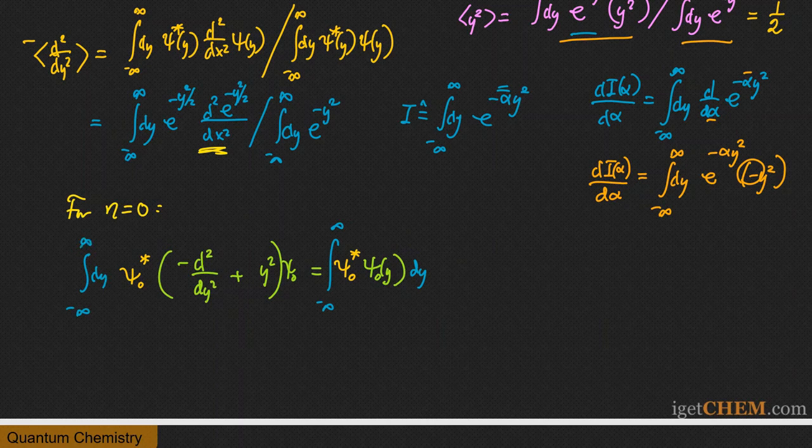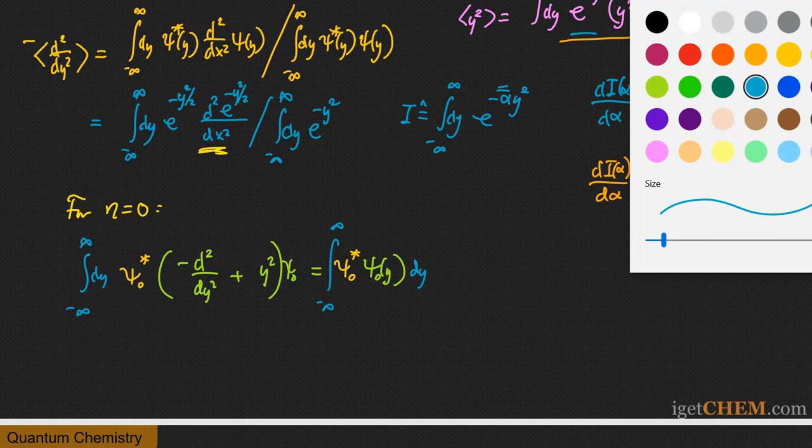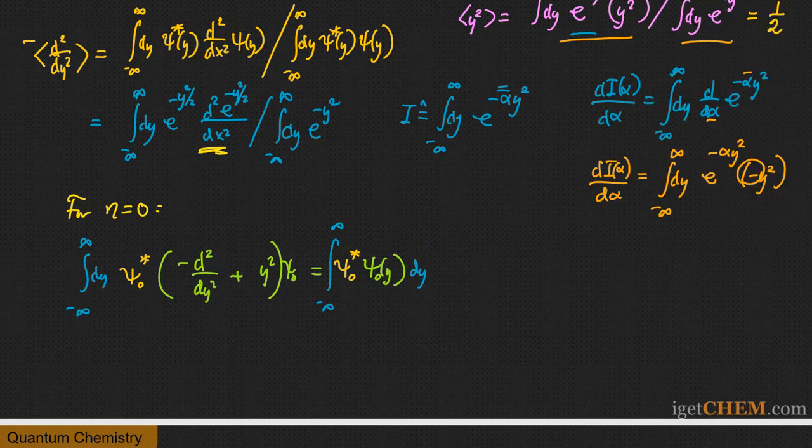So now you can break up the terms, but you can basically see that when I do that, all you're really doing is taking the expectation value of the first term, which is that, and then the second term is the expectation value of y squared, which we have already calculated.